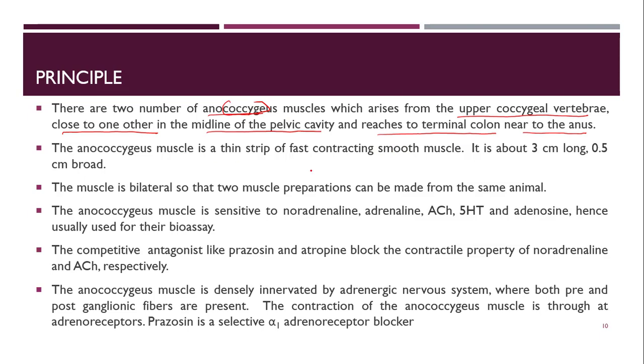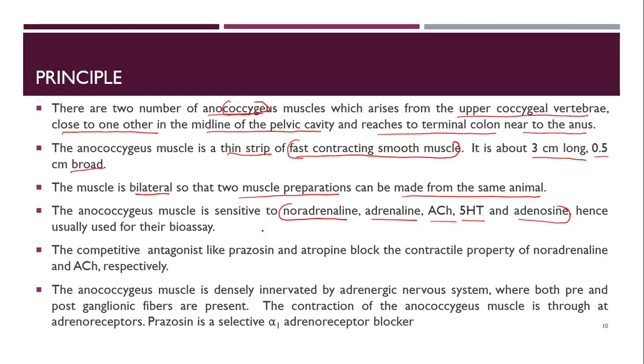Okay, so the anococcygeus muscle is a thin strip of fast contracting smooth muscle. As it is fast contracting, the contact time which we require in the time cycle will be less. It is about 3 centimeter long and 0.5 centimeter broad. The muscle is bilateral, so two muscle preparations can be made from the same animal. The anococcygeus muscle is sensitive to noradrenaline, adrenaline, ACh, 5-HT, and adenosine, and hence it is usually used for their bioassay.